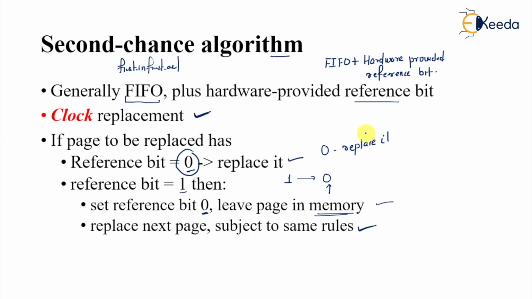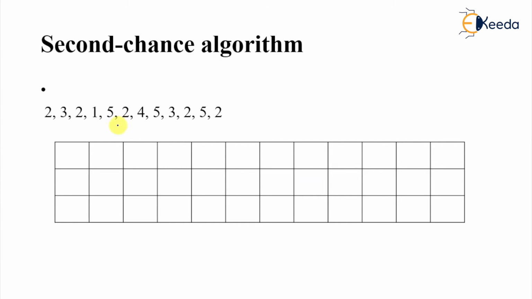So we maintain a bit and give the second chance to this memory page. Now the implementation: page 2 comes and we set its reference bit to 0. Then 3 comes, there is a page fault.